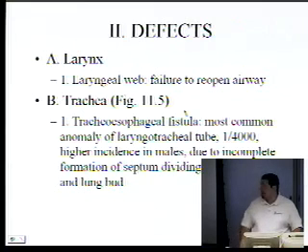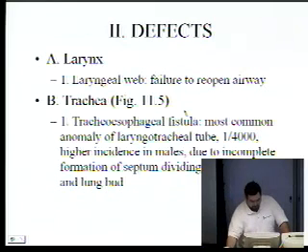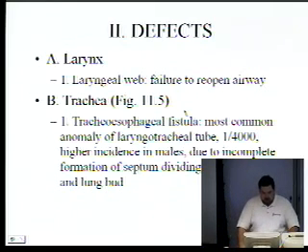The other one, which we do have some figures of, involves the trachea and is known as tracheoesophageal fistula. In its most common form, it occurs 1 in 4,000. It does occur more often in males, which I don't understand the reason for.